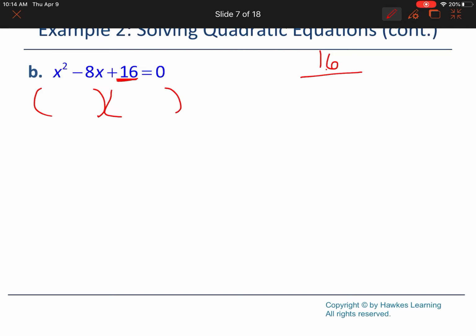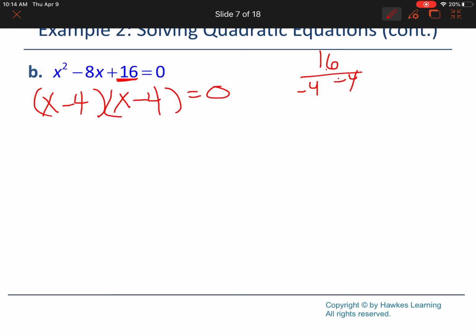If I take the square root of 16, that's 4. If I double it, I get 8. And it would just have to be negative to get me negative 8. So it's going to be negative 4 and negative 4. Or you can look at it as a square. So it's x minus 4 and x minus 4. And it's equal to 0.